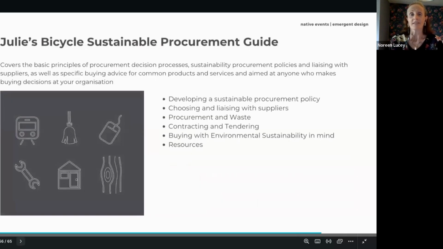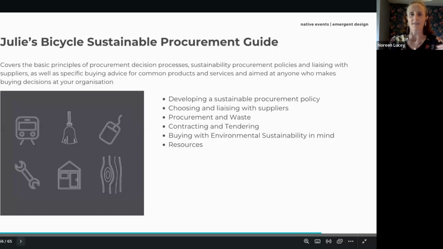In terms of the guides that are available, these are really useful because they break it down, and we will provide these resources as part of the recording and the slides. This one goes through a step-by-step process of how to develop a sustainable procurement policy. What considerations do you need to take into account in choosing and liaising with suppliers, or keeping your existing suppliers but having that conversation with them and asking, are there any other options?